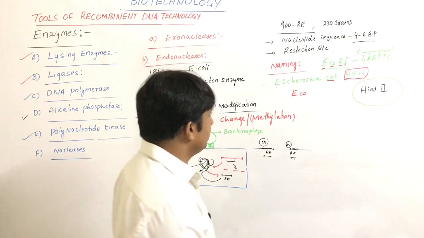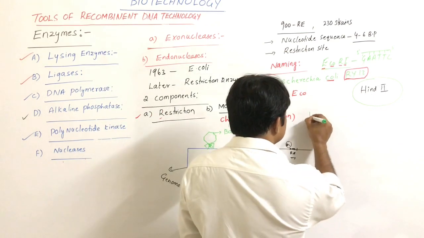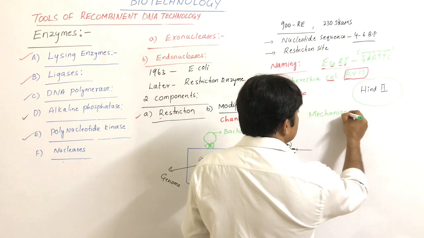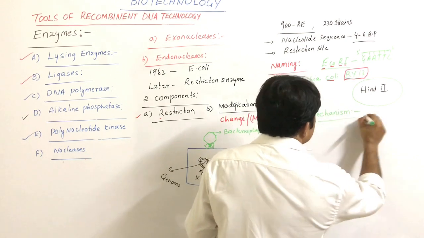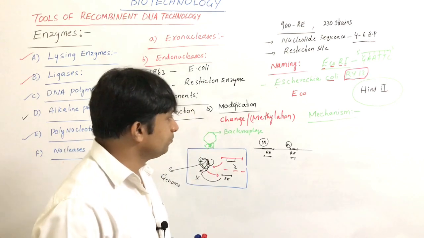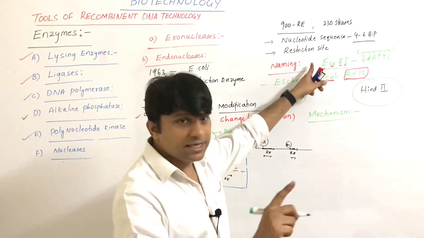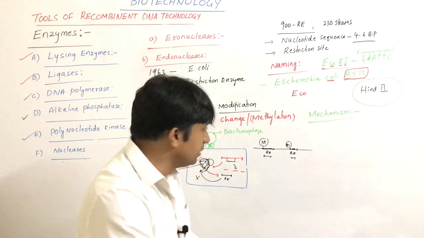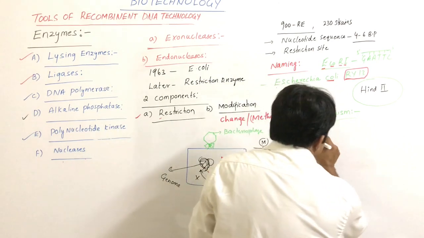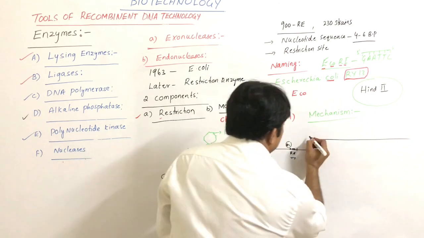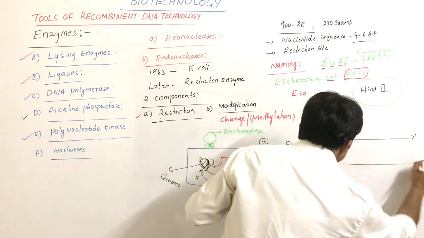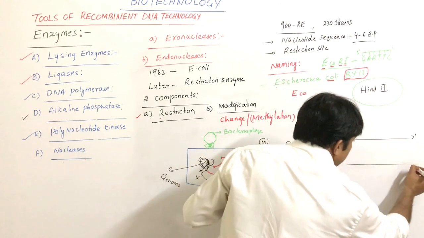Now the mechanism of restriction enzymes, how they work. Fine. Once these restriction endonucleases are employed, imagine this is the entire DNA strand. For example, this is 5 prime to 3 prime, and this is 3 prime to 5 prime.